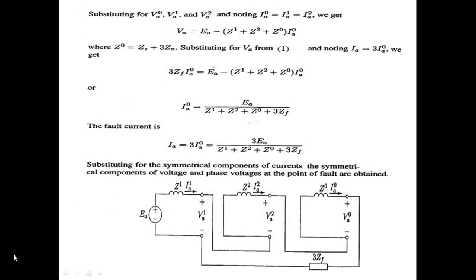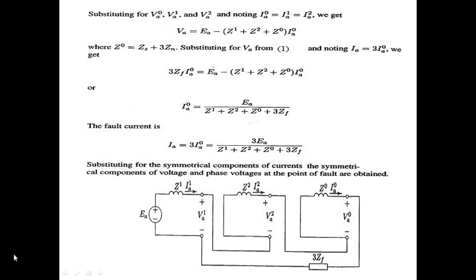Substituting these, we get VA is equal to EA minus Z1 plus Z2 plus Z0 into IA0, where Z0 is equal to ZS plus 3Zn. Substituting VA and IA equal to 3 IA0, we get 3 ZF IA0 is equal to EA minus Z1 plus Z2 plus Z0 times IA0.